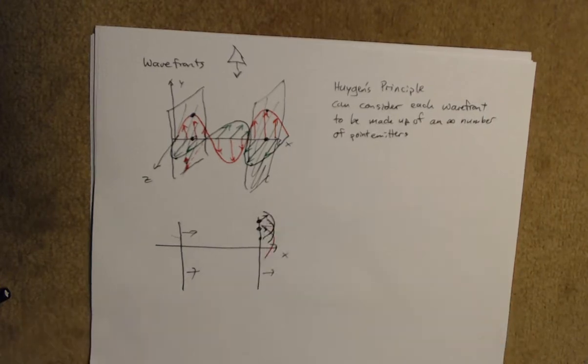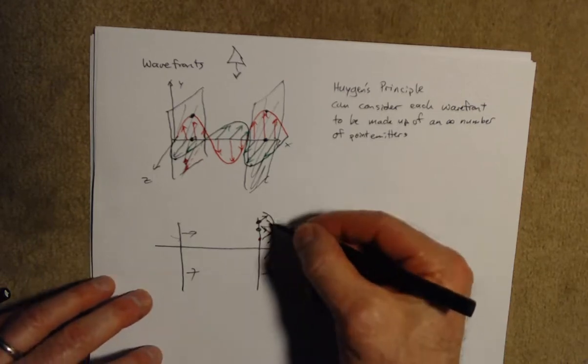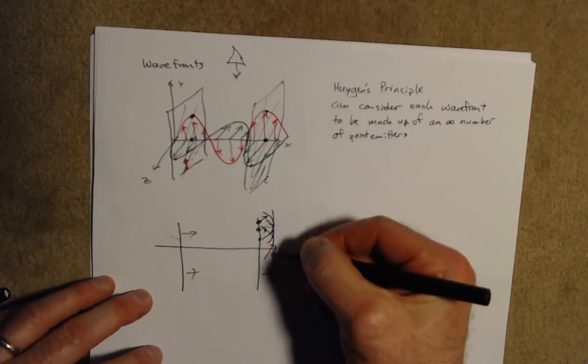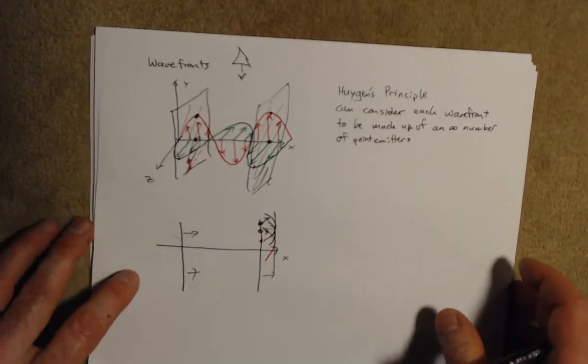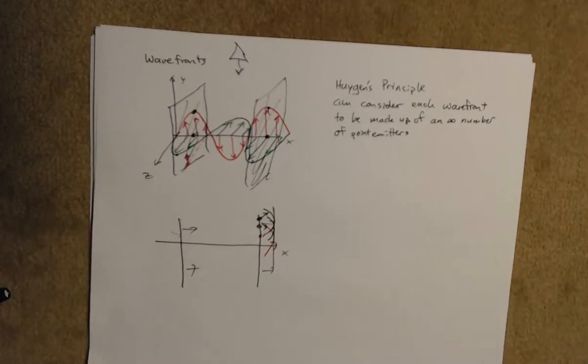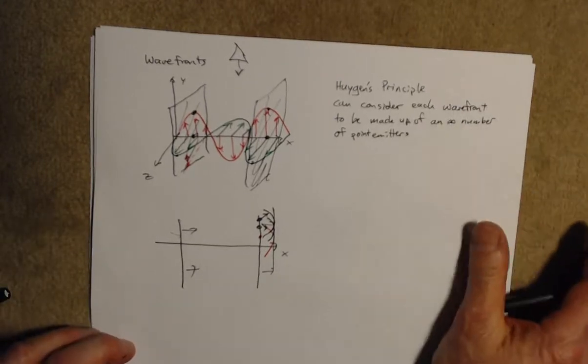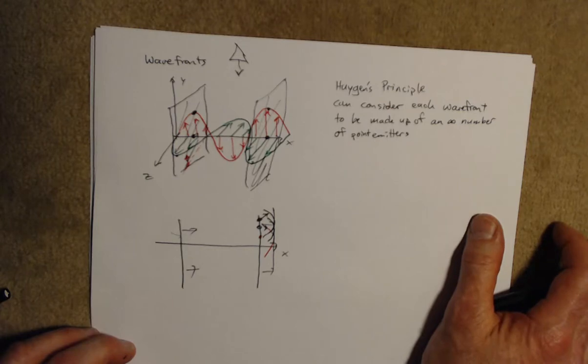And so when we superpose the light coming from those point emitters, that leads to the formation of the forward propagating wave front. So one can show, although it's beyond the level of our course, that Huygens' principle is consistent with Maxwell's equations.